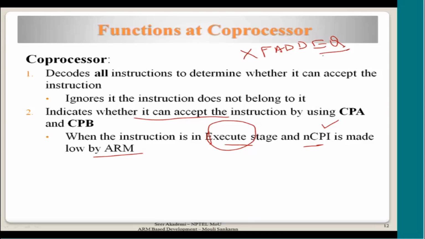So please remember, this condition code is maintained in the ARM core, not in the floating point processor. The coprocessor may also maintain its own status and other things, but the condition codes mentioned in the instructions are evaluated with respect to the CZNV flags in the ARM core. You may wonder why the CZNV flags of ARM are used. It is because the decision on whether to execute an instruction or not is with the ARM core. He is the master. ARM is the master.